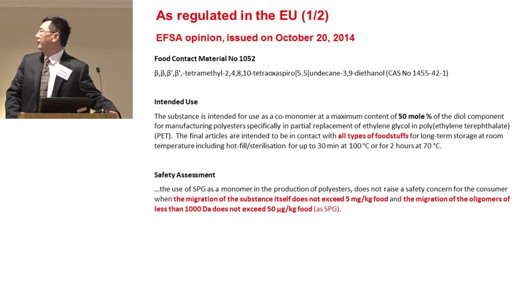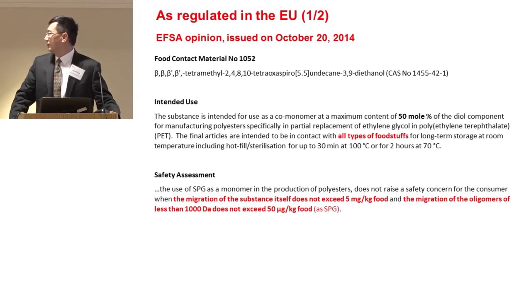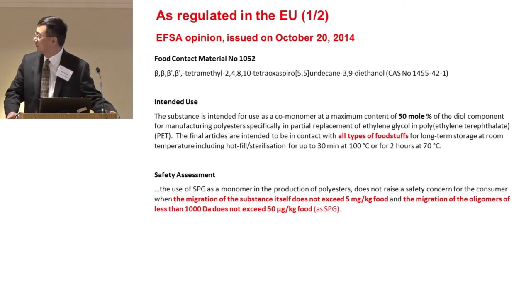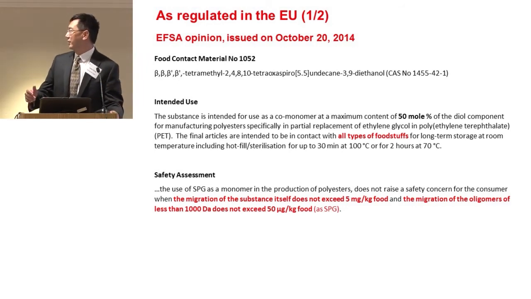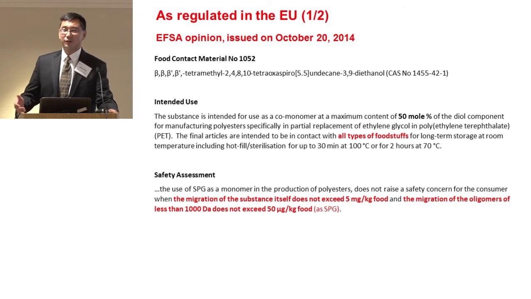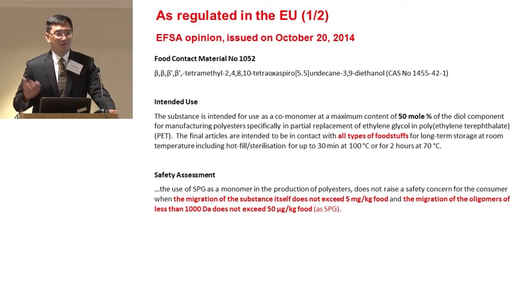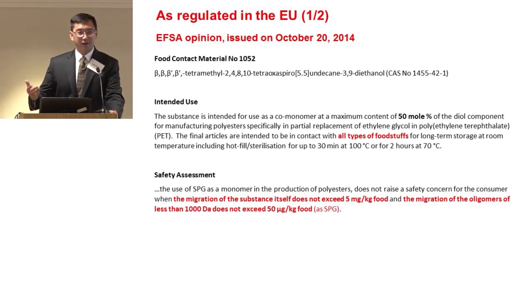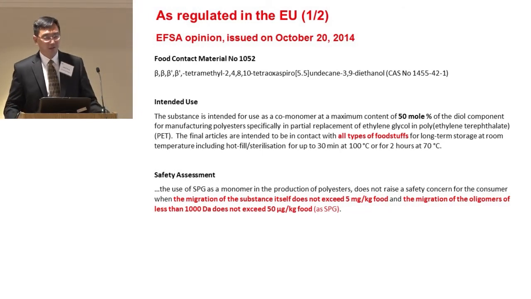Many people in the consulting industry began to wax poetry about EFSA beginning to regulate oligomers and oligomers NIAS and so on and so forth.